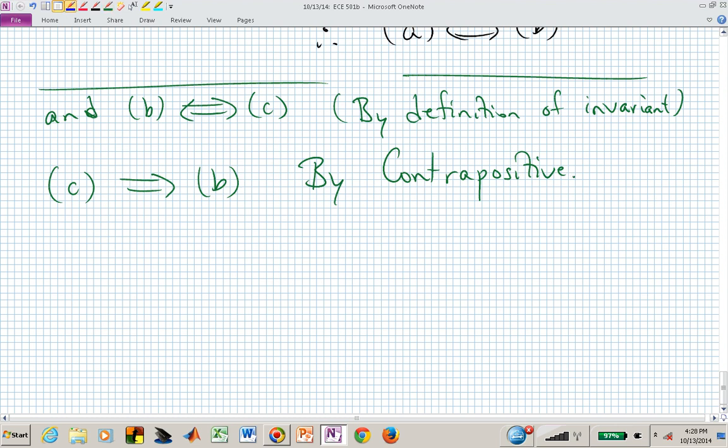If we're trying to show that C implies B using a contrapositive argument, what are we assuming?